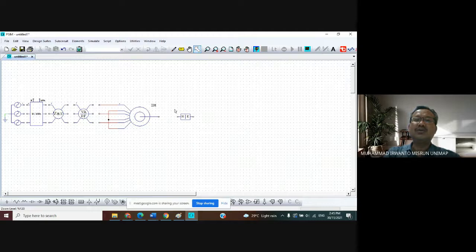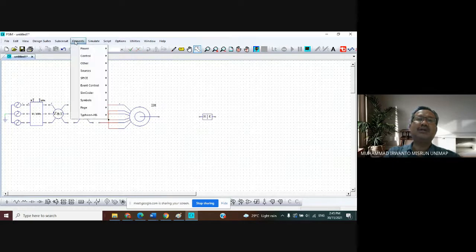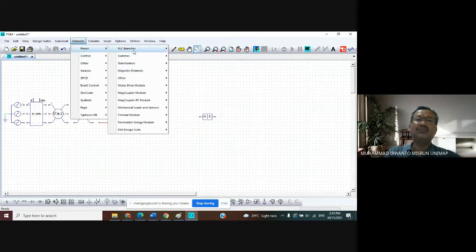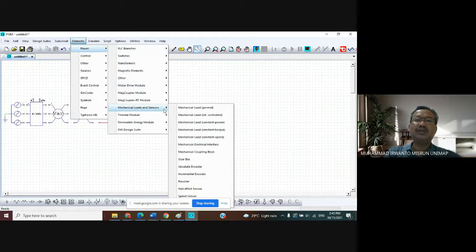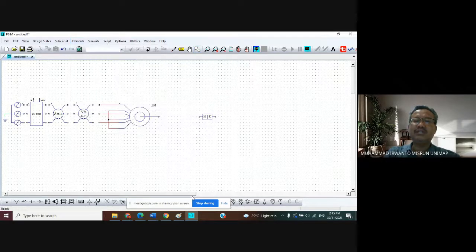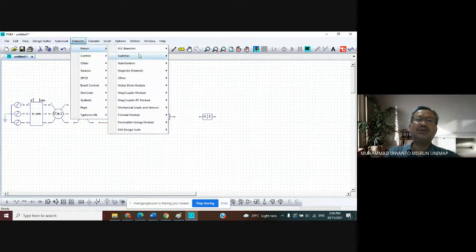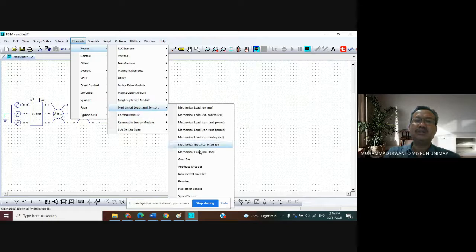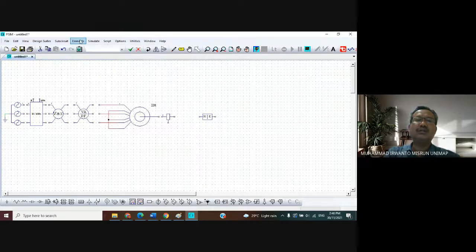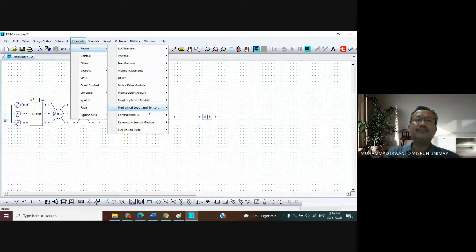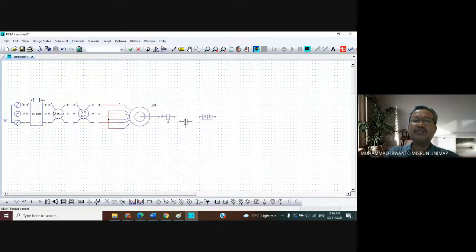And when you need the sensor for the speed and torque, you can obtain it by clicking menu element, sort the power, sort the mechanical and sensor, and then please choose the speed sensor. Place it here. Same for the torque, mechanical load and sensor, and then torque, place it here.